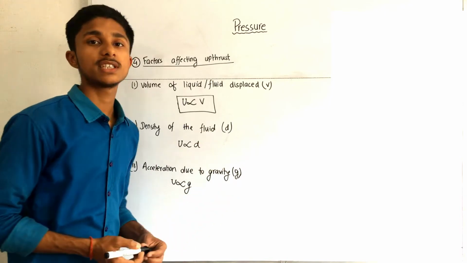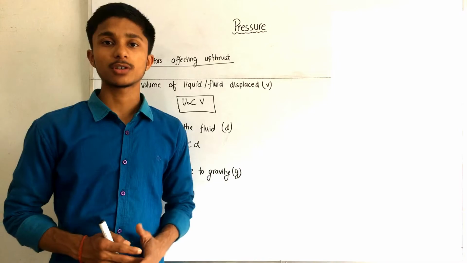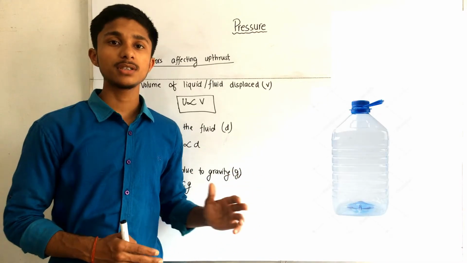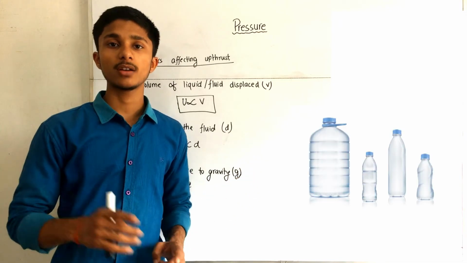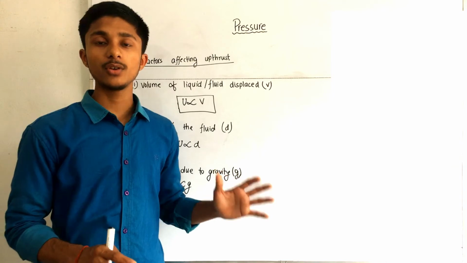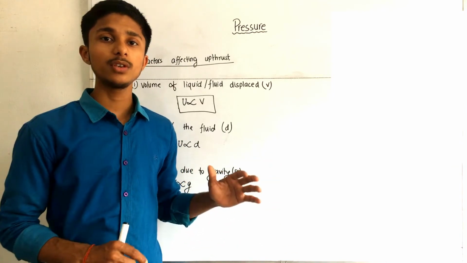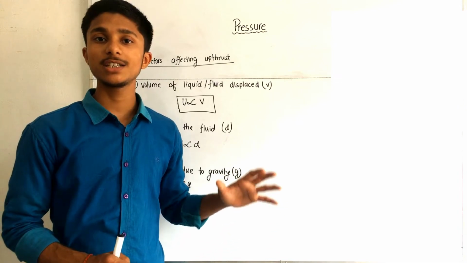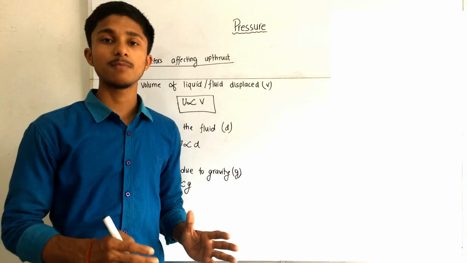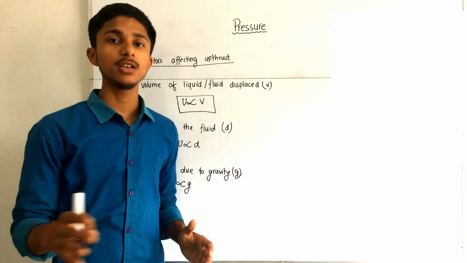Here we take one example to understand it clearly. We take two empty bottles. One is smaller and the other is larger, meaning one is of small volume and the other has large volume. When we try to dip them in water or liquid, we find that we can dip the small-volume bottle in water very easily, but we feel difficulty dipping the larger-volume bottle in water.